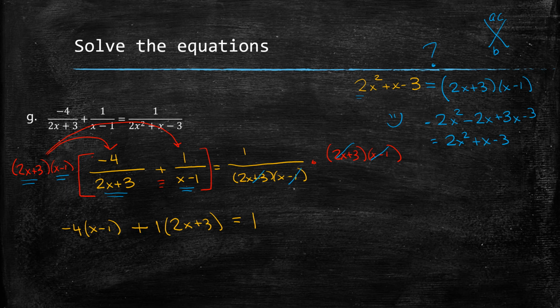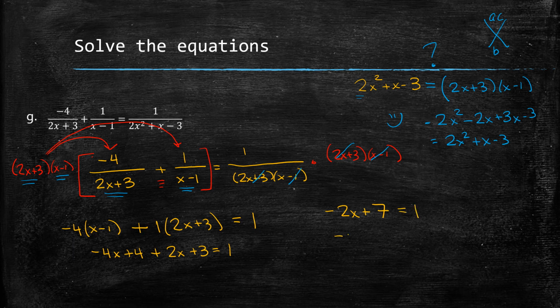I'm going to distribute the negative 4. So we have negative 4x plus 4 plus 2x plus 3 is equal to 1. Add our like terms, so negative 4x plus 2x is negative 2x. Add the 4 and 3, so we have 7.